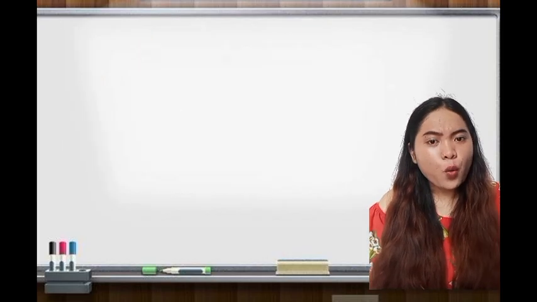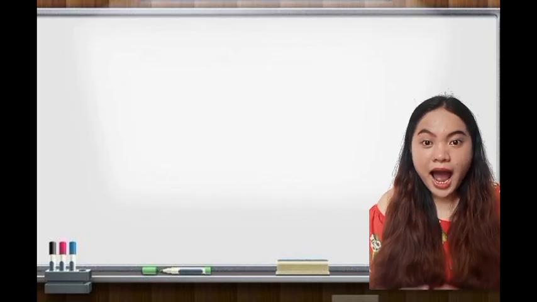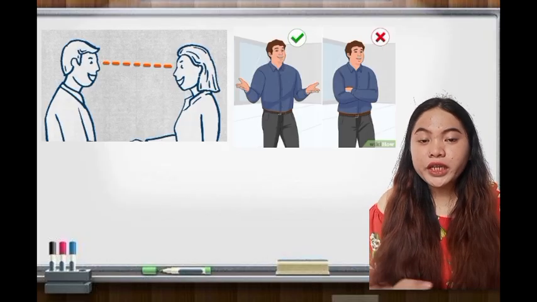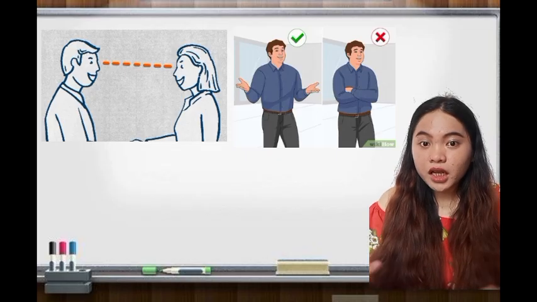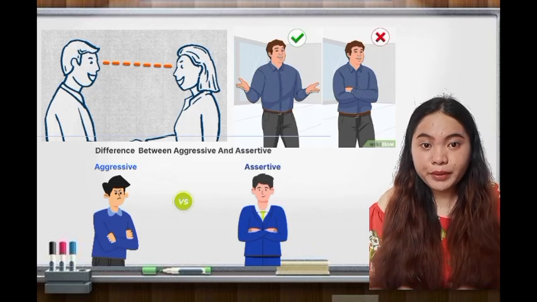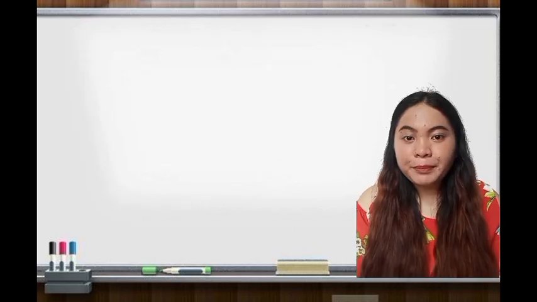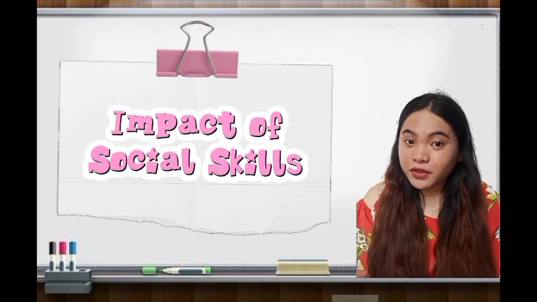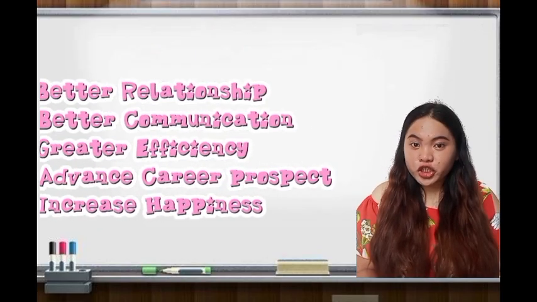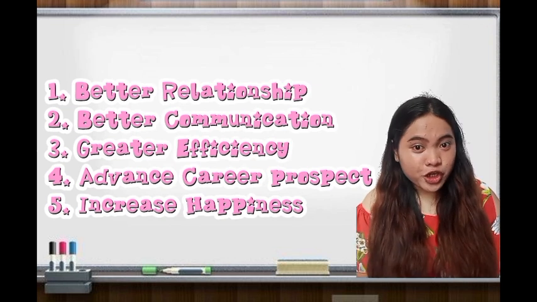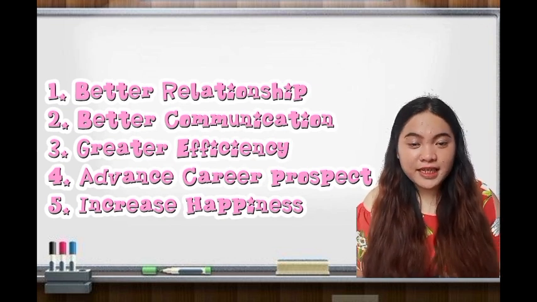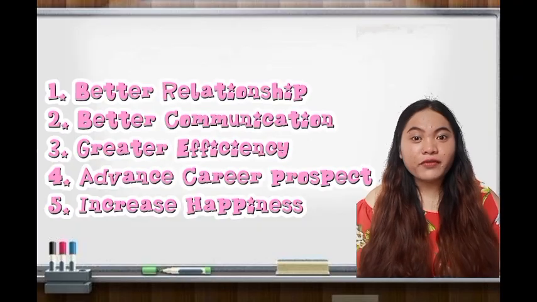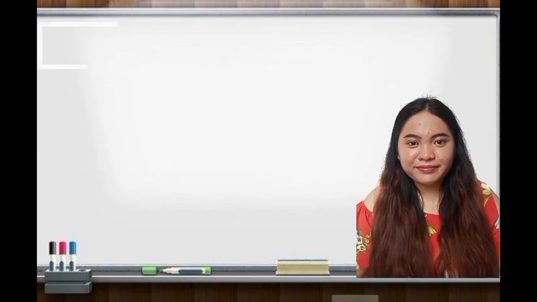In addition, one may consider maintaining eye contact, using proper body language, knowing the difference between being assertive and being aggressive. Impact of social skills. Possessing social skills results in better relationships, better communication, greater efficiency, advanced career prospects, and increased overall happiness.